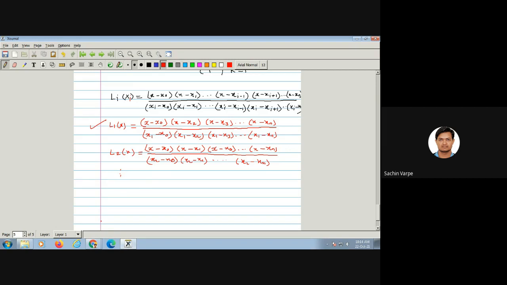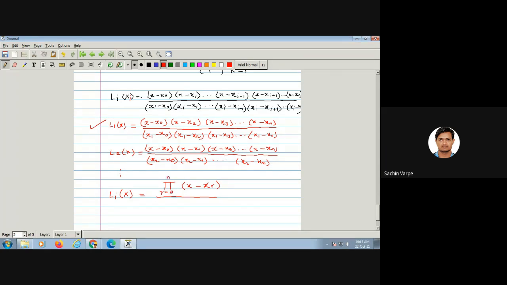So these are called Lagrange's polynomials. In general, I can write the formula for Li of x. Li of x is the numerator, which is, sorry, not a summation, it is the product of x minus xr, where this r varies from 0 to n.